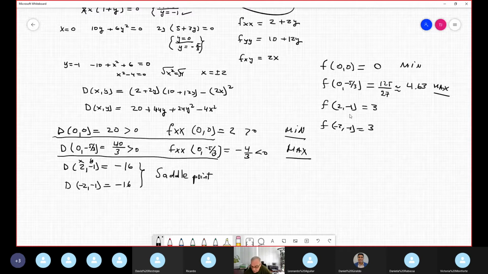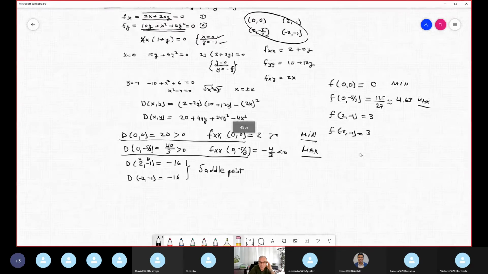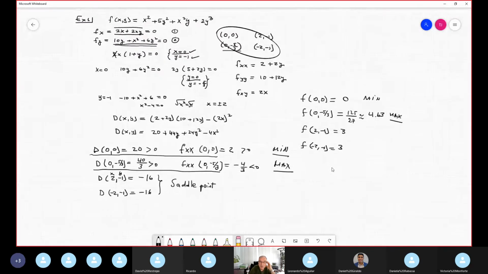Do you understand the procedure? Don't worry. Now I want to show you in GeoGebra. I have the simulation of this problem. Any question? Okay. Conclusion. You find the partial derivative with respect to x and the partial derivative with respect to y. You set them to 0, and the solution of this nonlinear system gives the critical points.